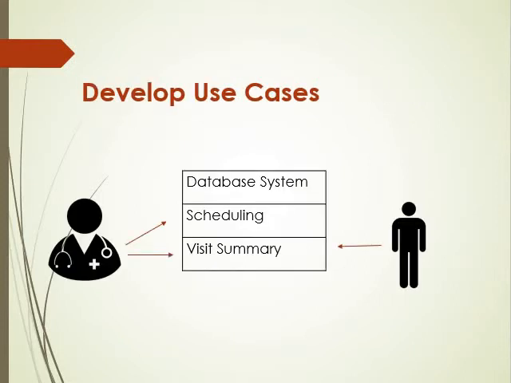It's important to also develop use cases. These use cases are used to understand how information exchanges between various actors and the system. So for example, one actor may use the database system for scheduling and visit summaries, while another may use the database system for visit summary.